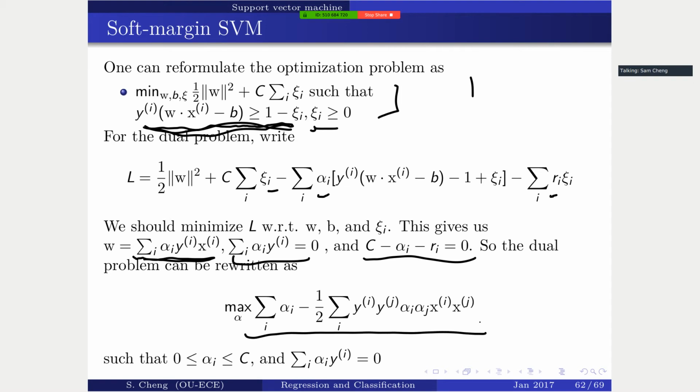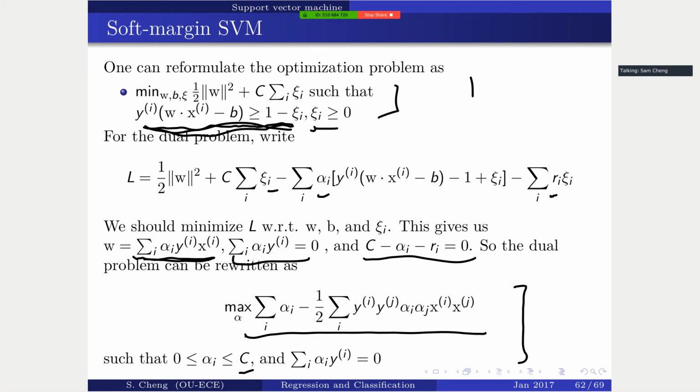Again, it's quite similar to what we have. The only difference is that you have a C here on your alpha. That is actually very interesting. Your dual problem is almost identical to before. The only difference is that you have a C bounding alpha i.